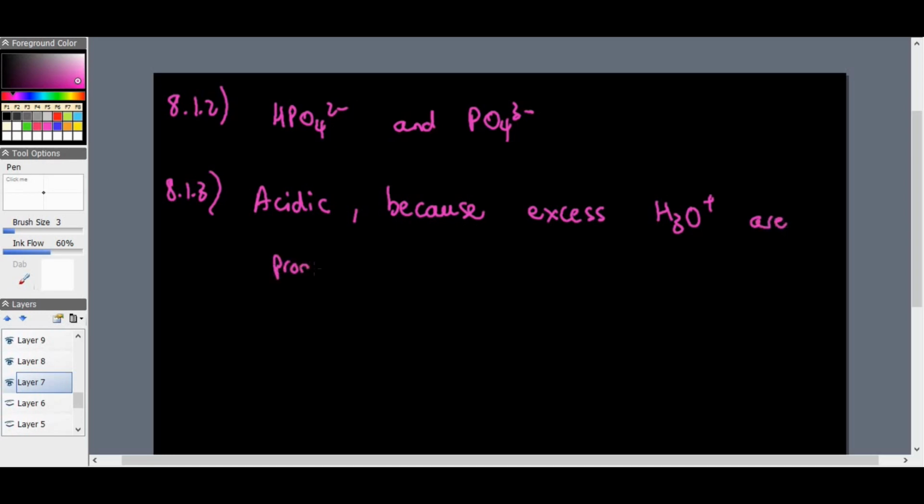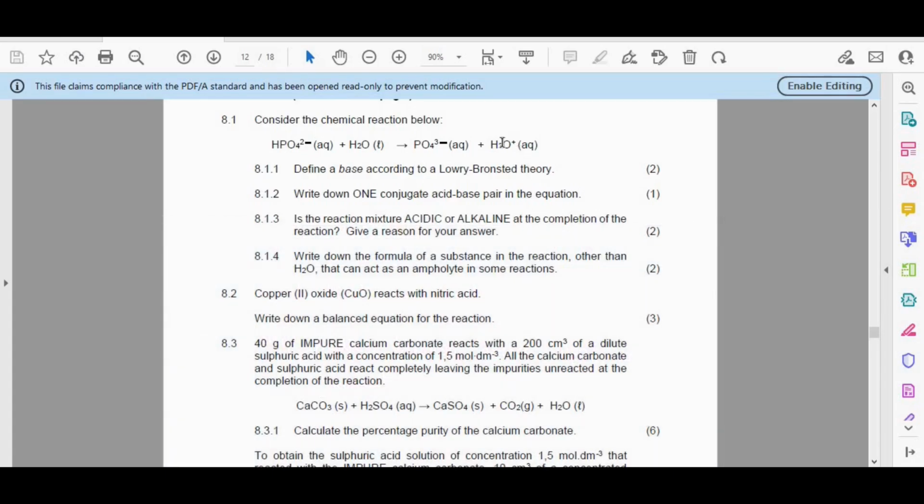We saw that there was a production of H3O plus. If we had OH minus at the end, it would be more alkaline. But because we see the presence of hydronium, we know it is acidic. That's one way to determine whether a reaction is acidic or alkaline, which would be more basic. We don't use that term though.